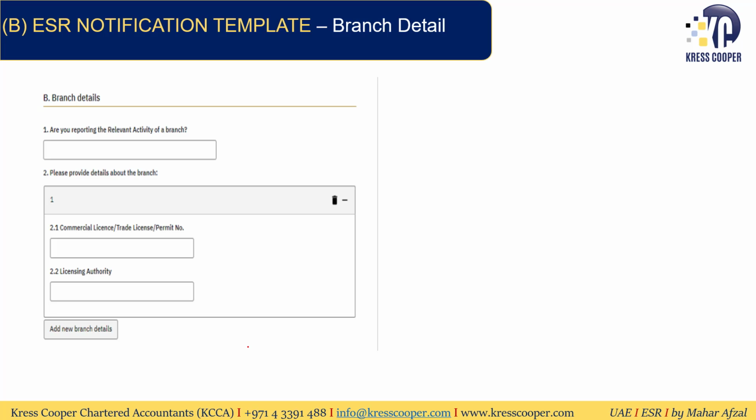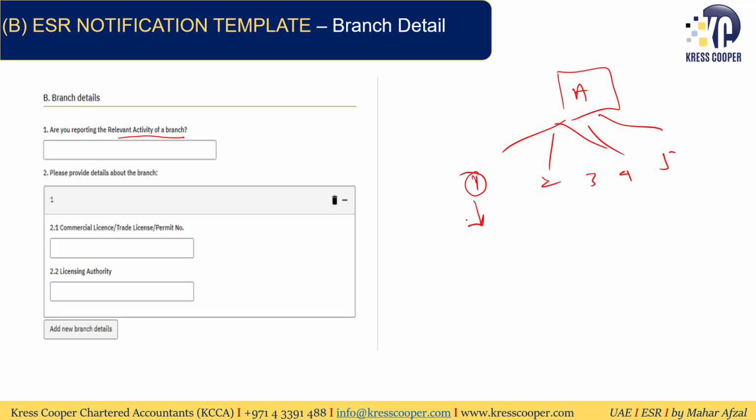In section B of the notification, they are asking us to mention the relevant activity of the branches. Suppose there is one main entity A. This entity has multiple branches: 1, 2, 3, 4 and 5. In case a branch is earning any relevant income, then it will become part of the notification.